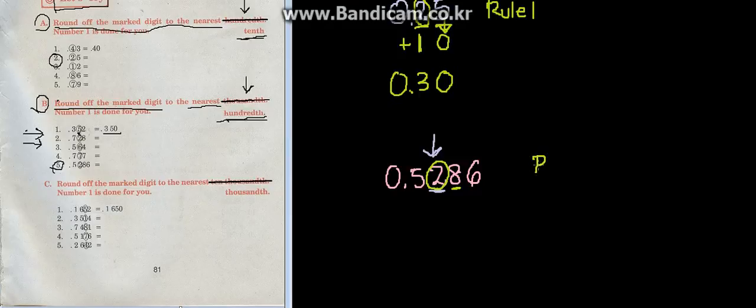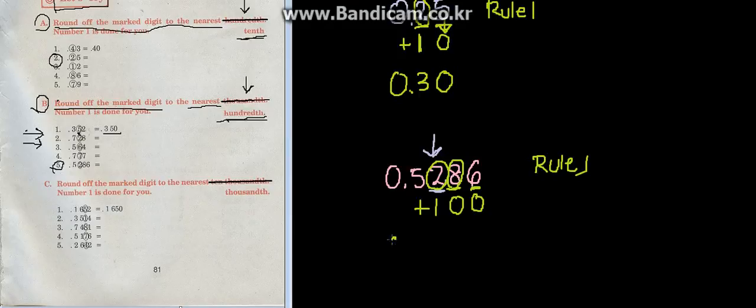So again, it follows rule 1. Therefore, we add 1 to the marked digit 2, and 8 is replaced with a 0, and the number after 8 is also replaced with a 0.